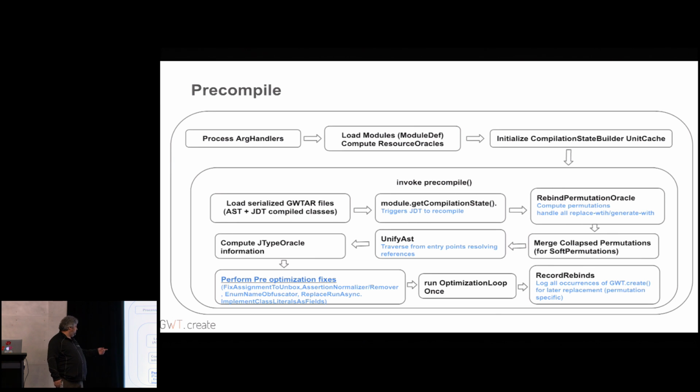We also remove assertions. There are some things that we do in these pre-optimization fixes. We do an optimization to trim unnecessary code, but this is with the whole AST, not permutation specific. We record all the rebinds and we go to the compile, which is where I'm going to focus most of my talk.